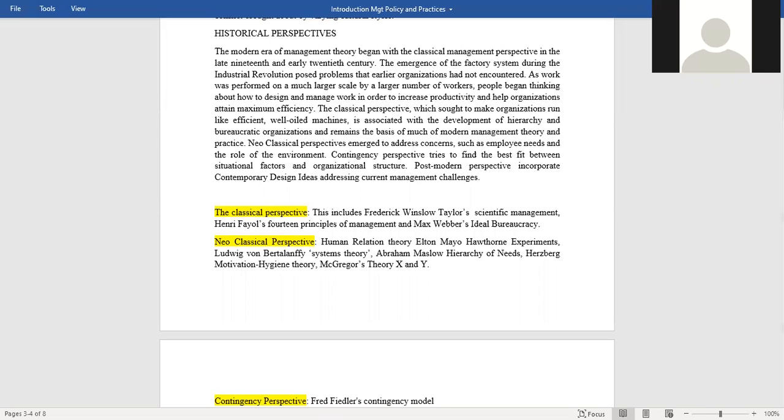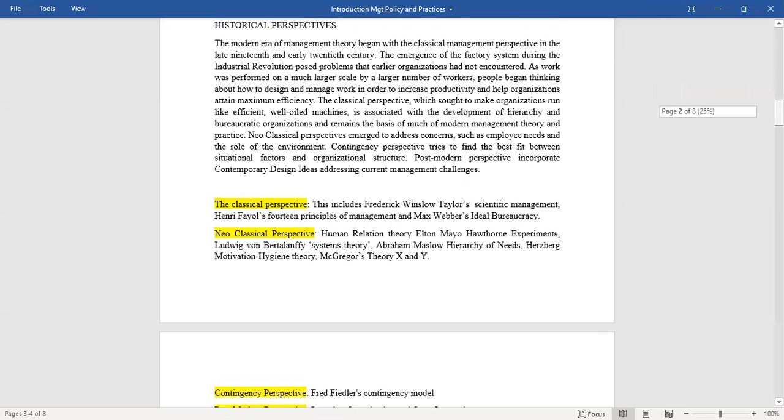During different times, there have been different kinds of organizations, suitable for that time, but the perspectives have kept changing over time.